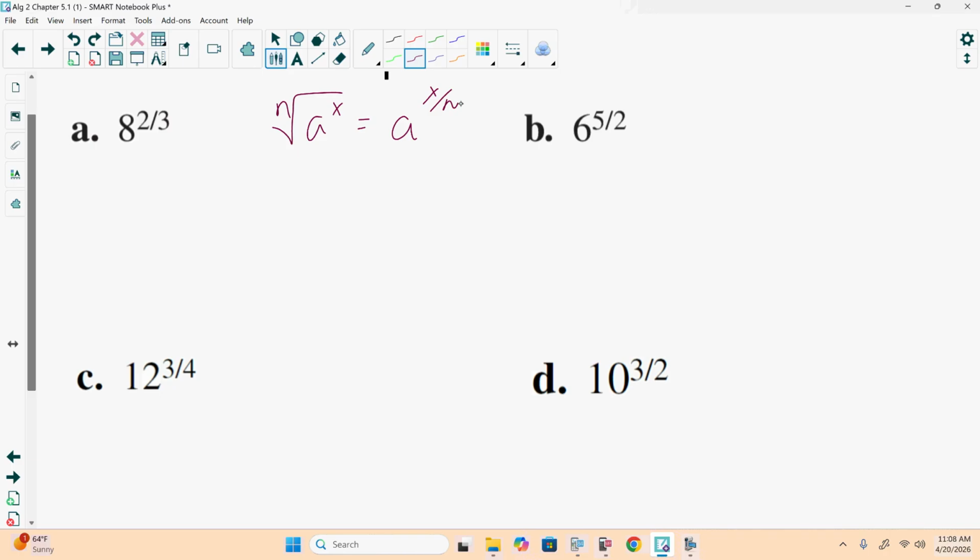Really what this is saying, 8 to the 2/3, if I rewrote it as a radical, a, the number inside, would indeed be 8. The index on bottom, which is 3. And the power that is attached to 8 is 2. So really 8 to the 2/3 in radical form is saying the cubed root of 8 squared.